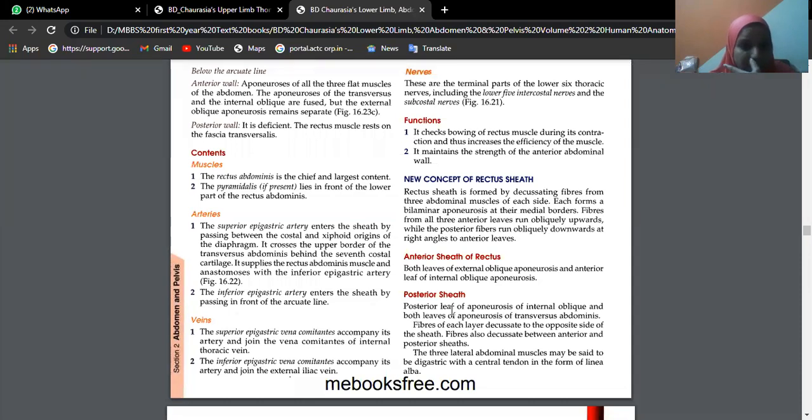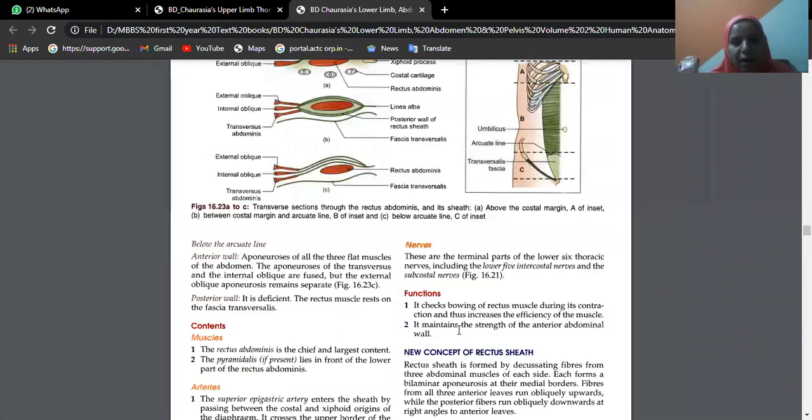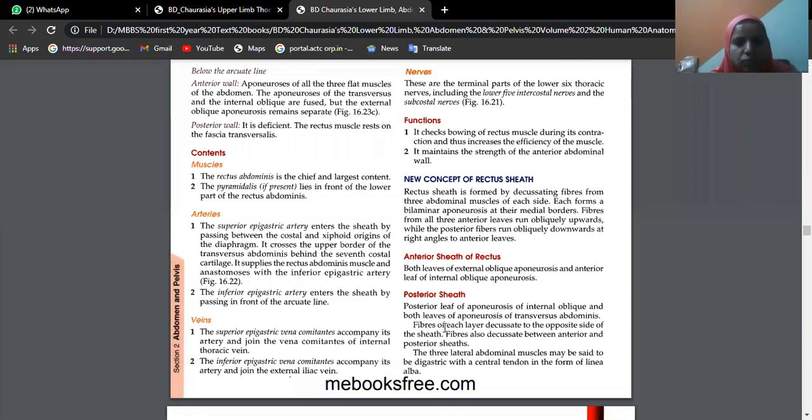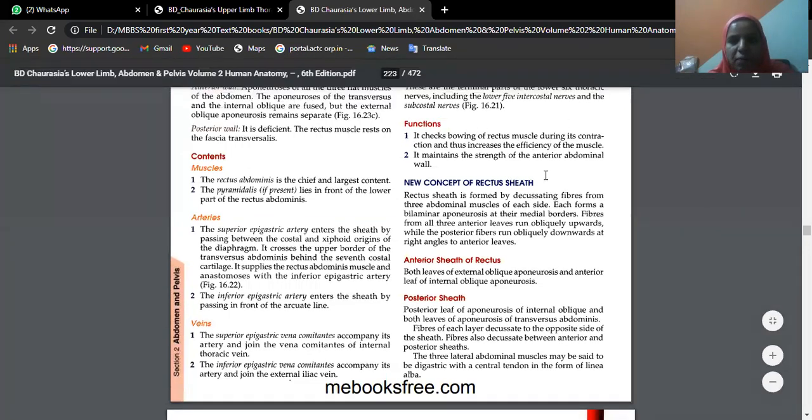Okay. Superior epigastric artery is a branch of which artery, beta? It's a terminal branch of the internal thoracic artery. Inferior epigastric artery is a branch of the internal iliac artery. Now, nerves, which nerves do we have?